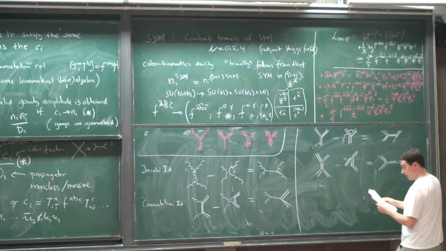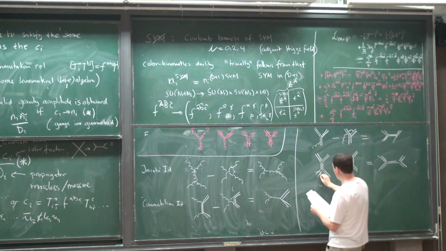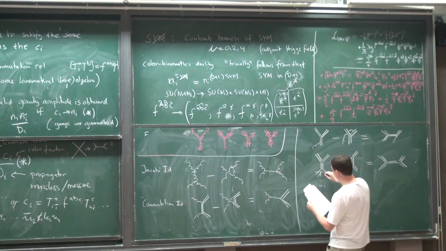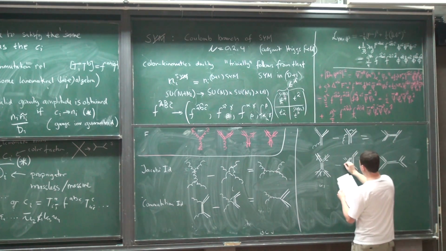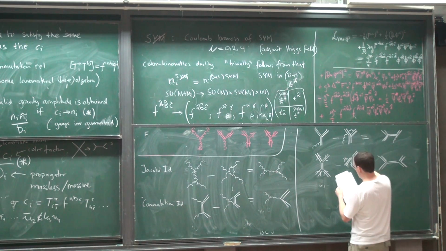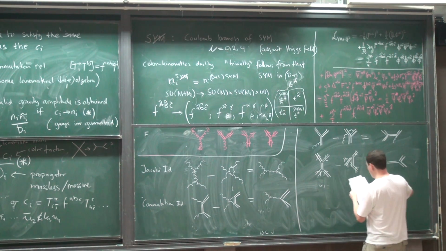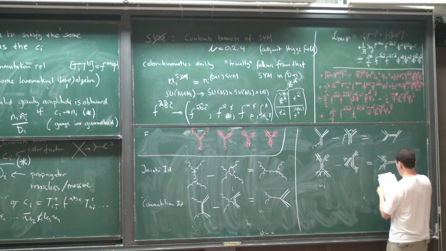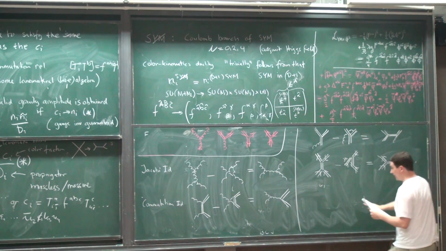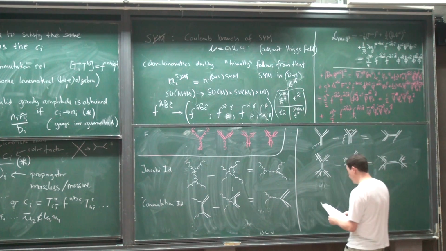But now let me put some arrows to make it clear. So if you have three incoming and one outgoing, then you're in this situation. But then there's the last identity, which maybe is the most interesting one.